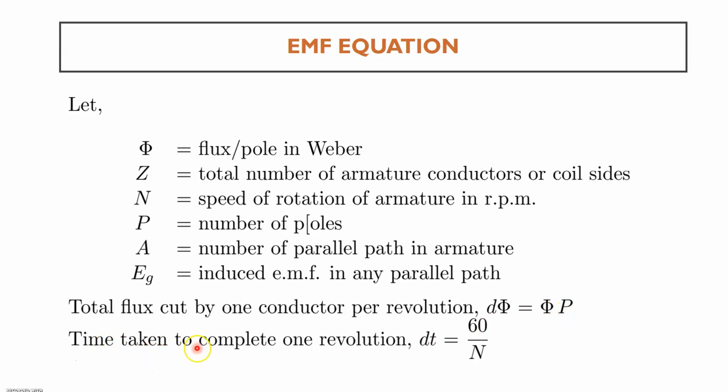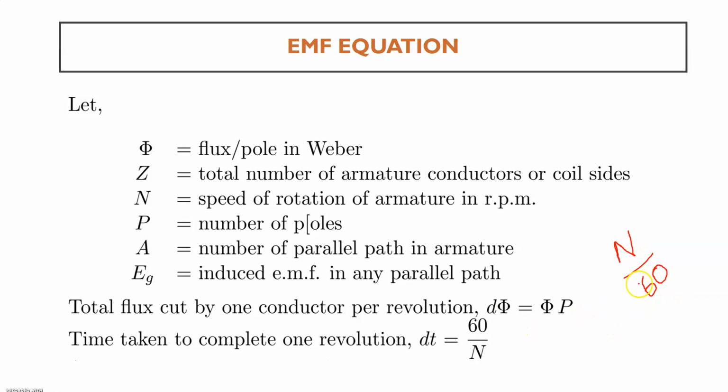Now, the time taken to complete one revolution. We have the speed in RPM, so RPM is equal to N. If RPM is equal to N, then RPS, or revolutions per second, will be equal to N by 60.